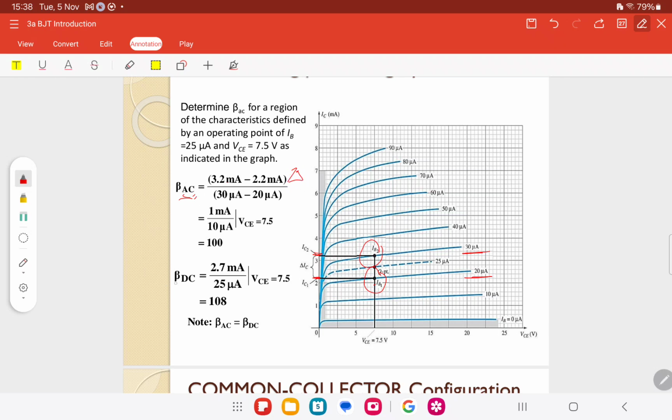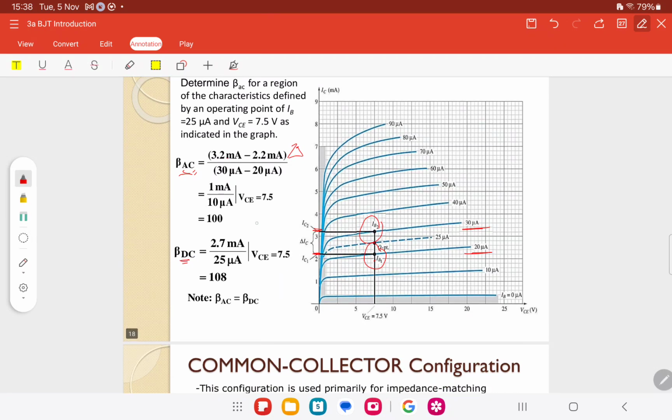Meanwhile for beta DC, we take IC over IB. The value 2.7, IC over IB.